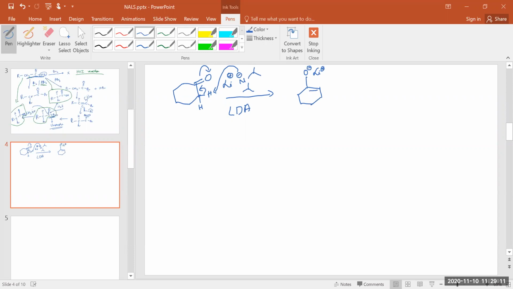There could be many types of bases. Okay, just one common mechanism you guys remember, that you need a base to make an enolate, or acidic condition. The stronger nucleophilic enolate forms under basic condition. Now if you take an alkyl halide, let us say CH2I or Br or Cl, what will happen?